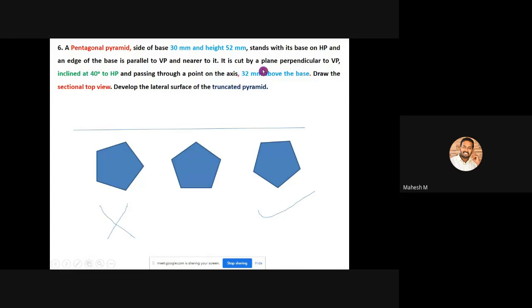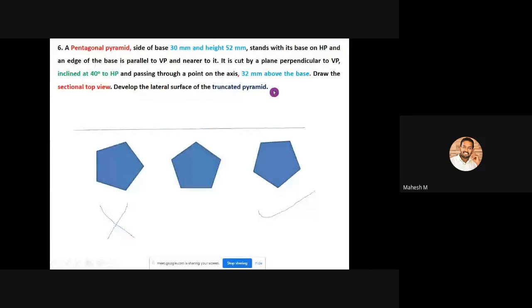So you can pick a point exactly above the base at that distance. Okay, then draw the sectional top view. So it is very important, you have to draw the sectional top view also. Then you have to create the lateral surface of the truncated pyramid. If you have a section plane with an angle, you will be getting only a truncated diagram.